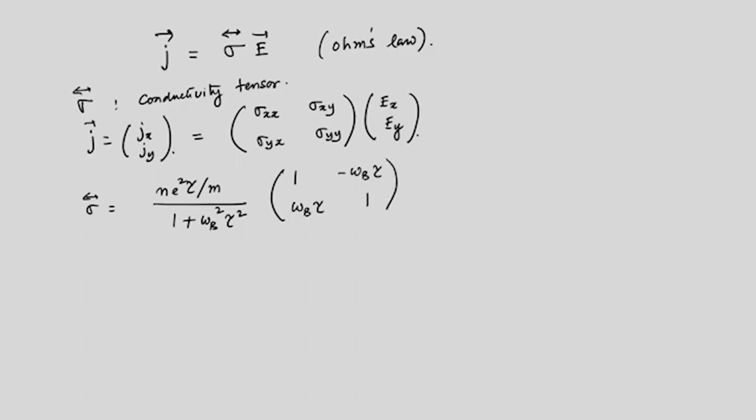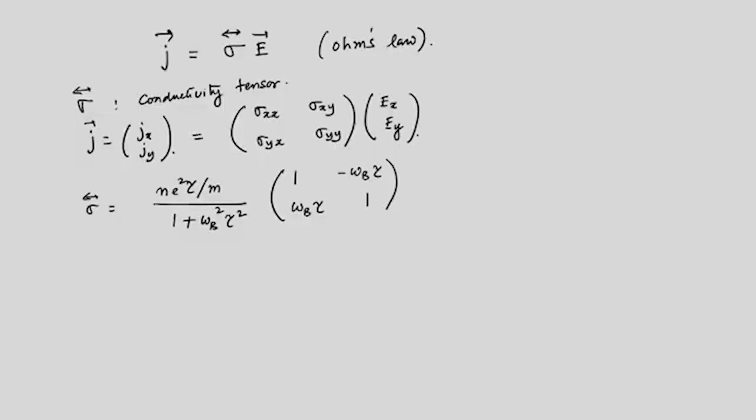You see, I said that the off-diagonal elements differ by a sign, which is what is coming here as well. Take it as a small exercise and try to work out the relationship between the components of Jx, Jy and Ex, Ey. They are connected by this relation. When you write Jx and Jy and put this sigma in this slot, they would smoothly connect with the Ex and Ey that you have seen.